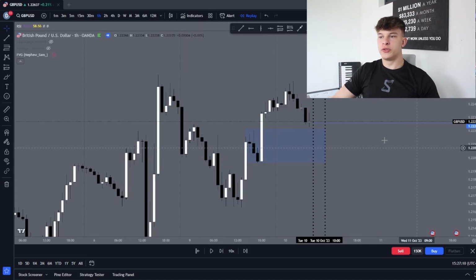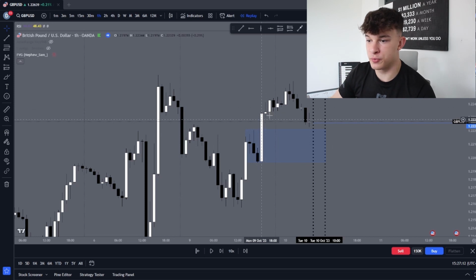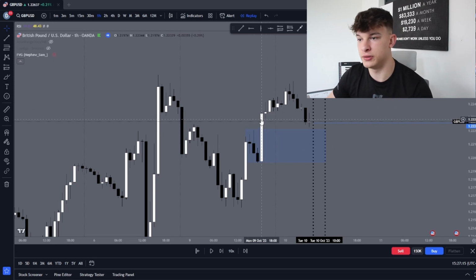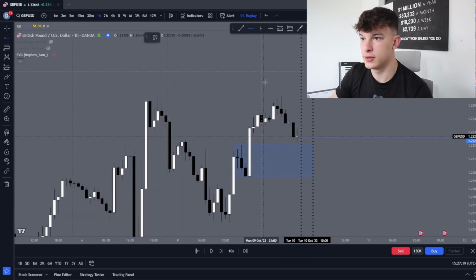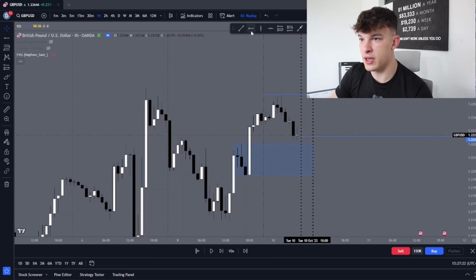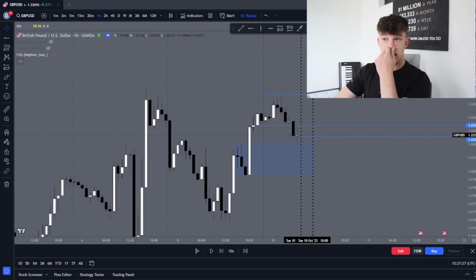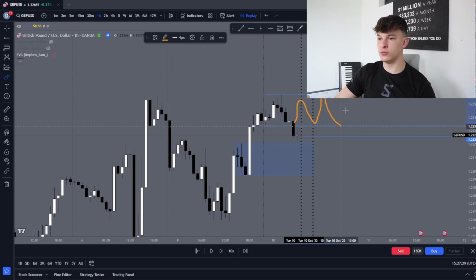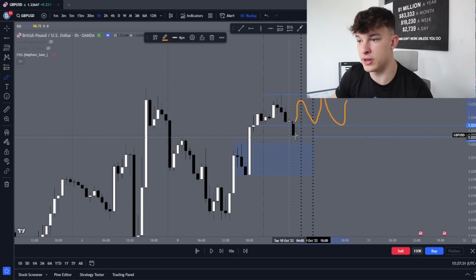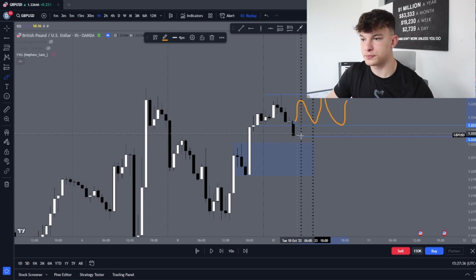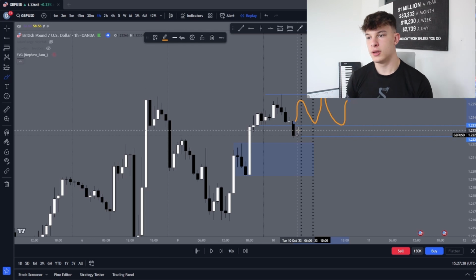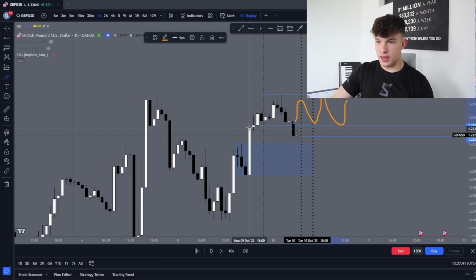Moving to the 1 hour time frame, we've had this break structure to the upside just before Asian session last night, followed by general consolidation during Asia. We've got a range during the Asian session between these two zones, this build-up consolidation, and pushing into pre-market of London in the early hours of the morning, we saw it start to sell off and look to fill this imbalance that we've created here.